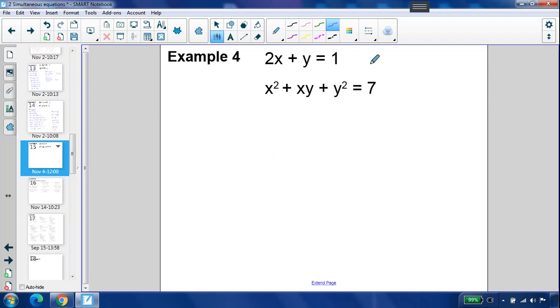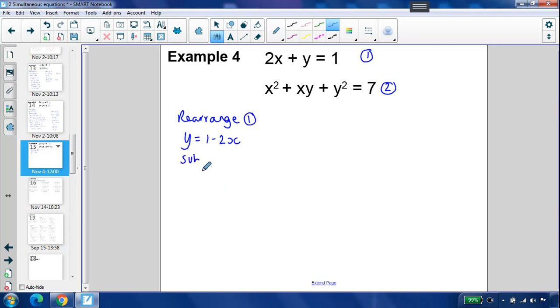Final example, I'm going to label and then I'm going to rearrange the linear so I can substitute it into the quadratic function. So again, explain what you're doing. I'm going to make y the subject, so y is equal to 1 minus 2x.